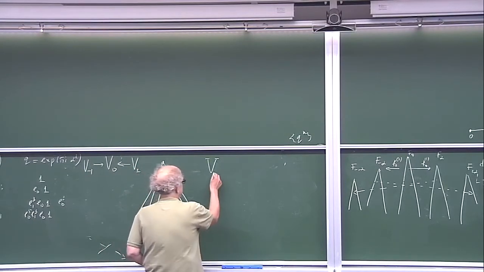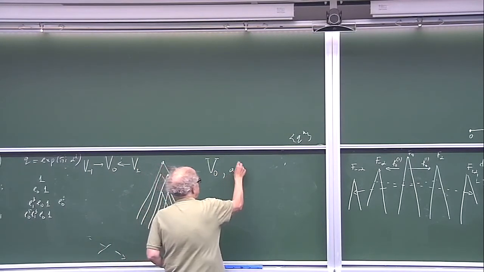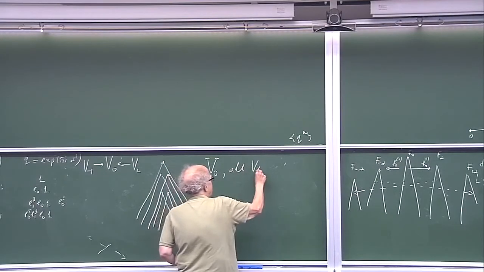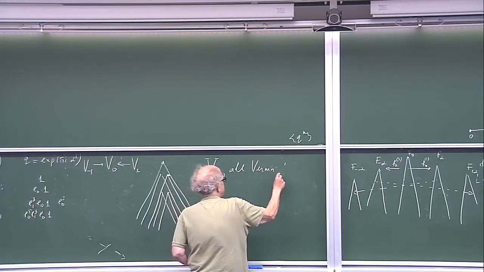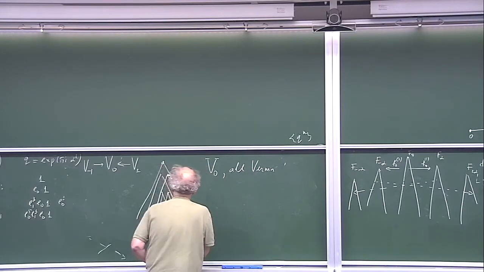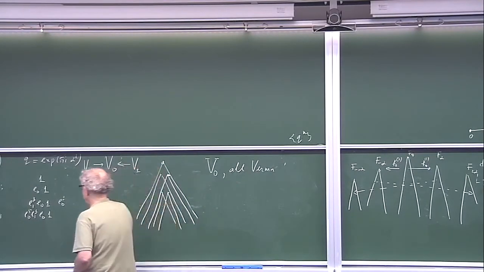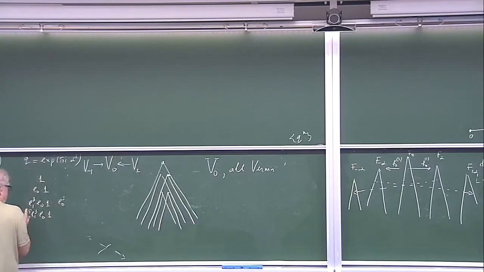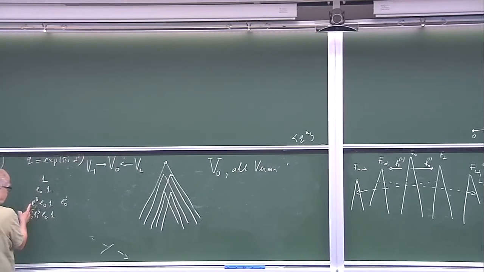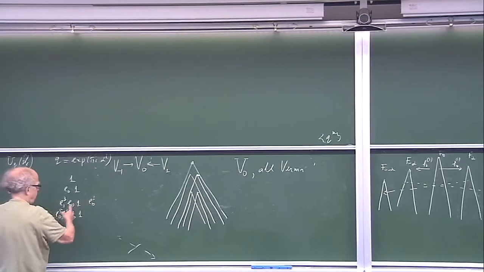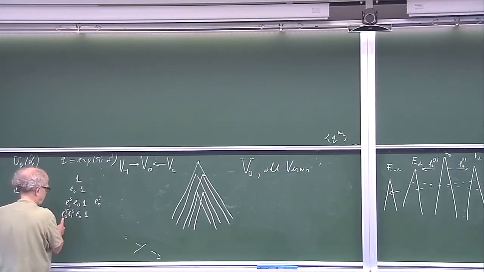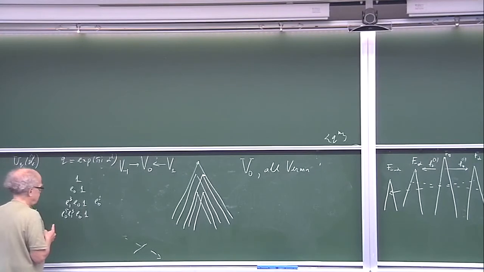It will be V0 and all Fermat which are subrepresentations in them. And the corresponding vectors I write here.